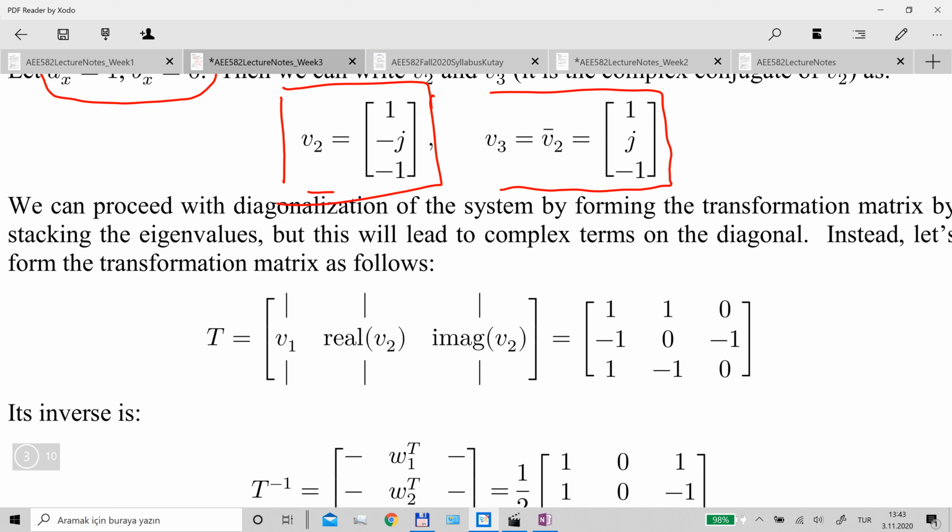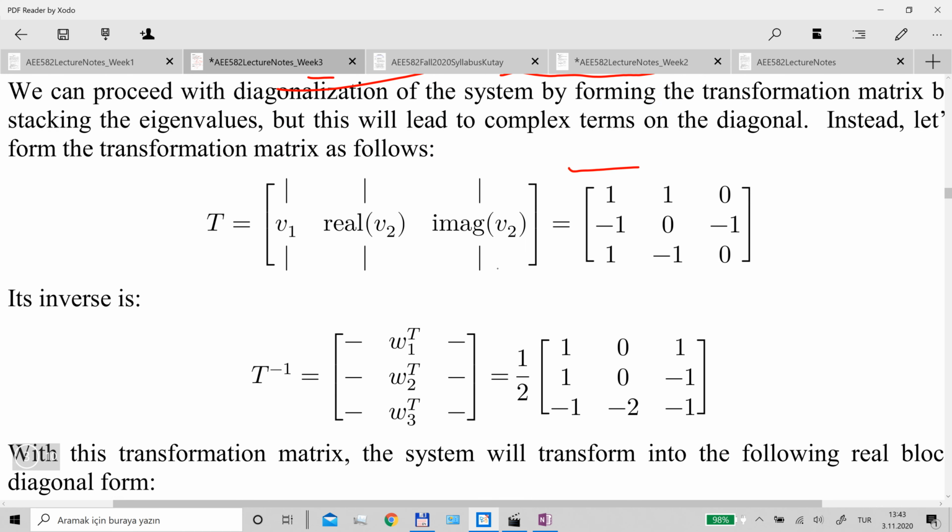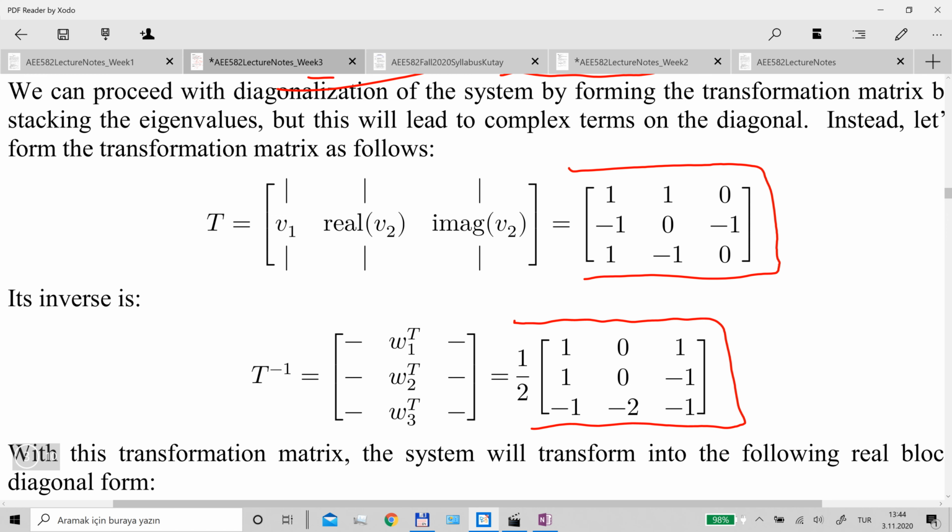what you can do is use the first eigenvector, which is already real. Then for the second and third ones, you use the real and imaginary parts of the second eigenvector. This will give you this transformation matrix, which is all real numbers, as you see. And the inverse of that can be found as this one. I found this inverse using MATLAB here.